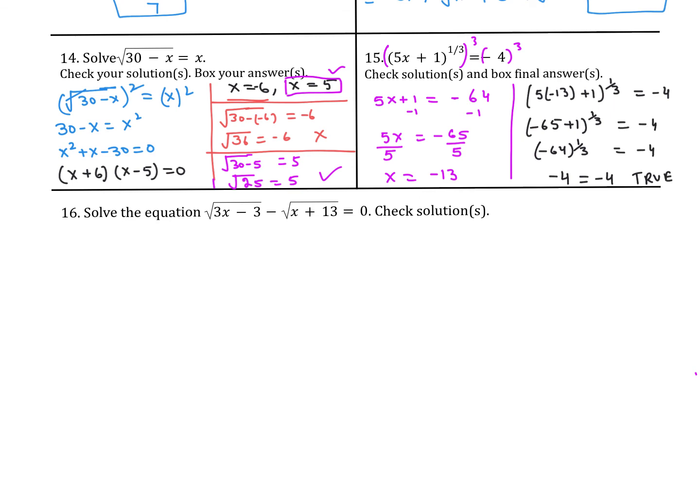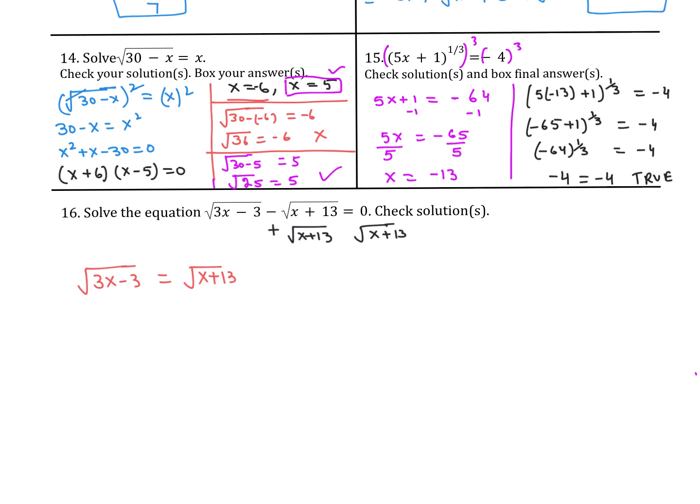We are going to separate the radical symbol for number 16. So we add square root x plus 13 on both sides. What we got here is square root 3x minus 3 equals square root x plus 13.